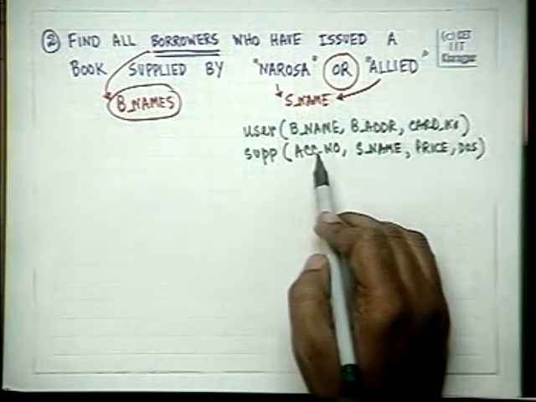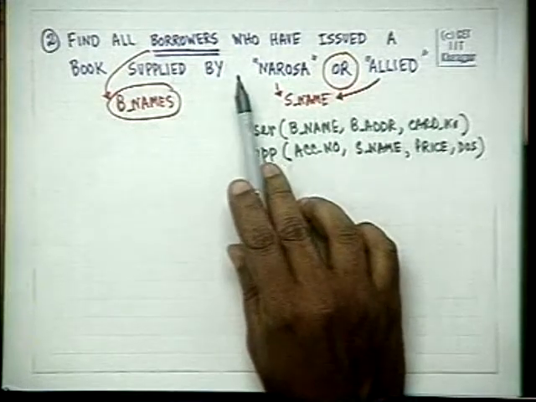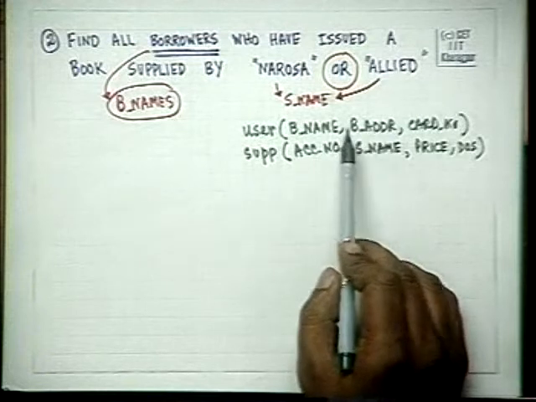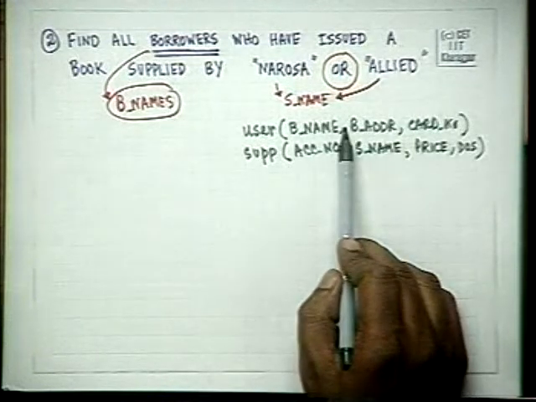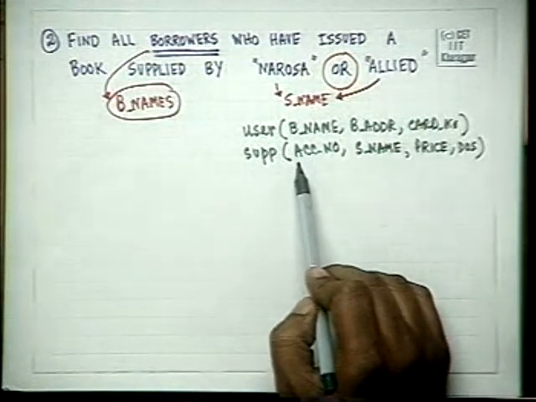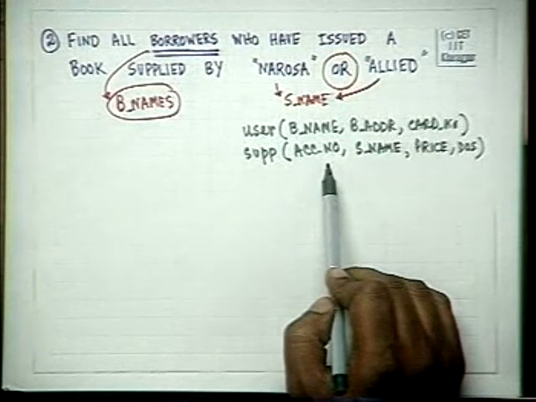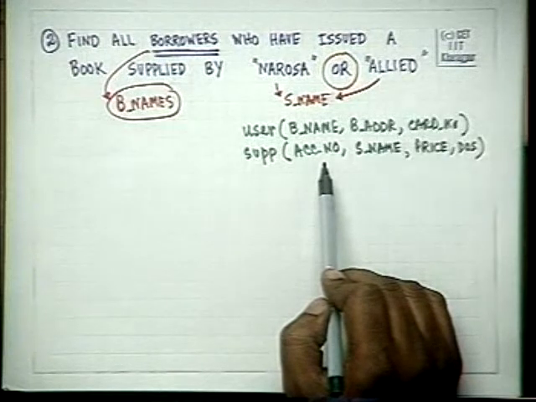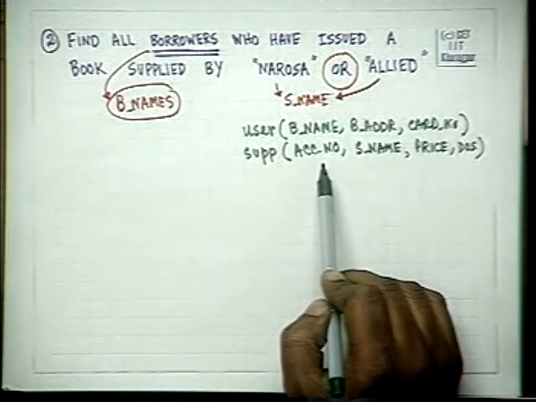But these two together will not be able to resolve this query because they have nothing in common, and to know which book has been issued, and whether that book has been supplied, we are going by accession number. We are not going by titles here. We are just going by accession numbers. If we go by titles, it becomes a little more complicated, but it is similar in nature.